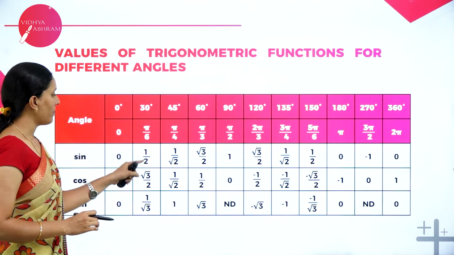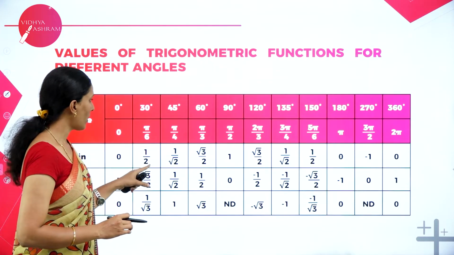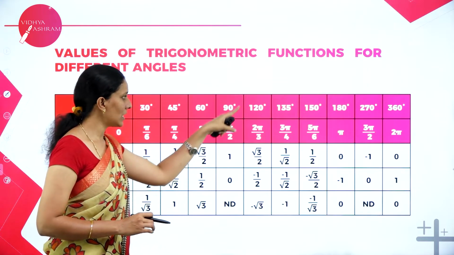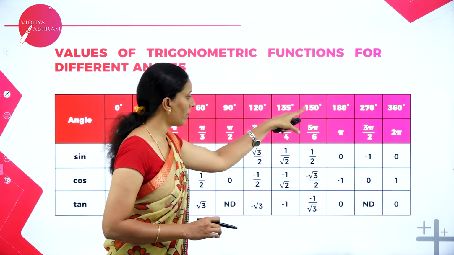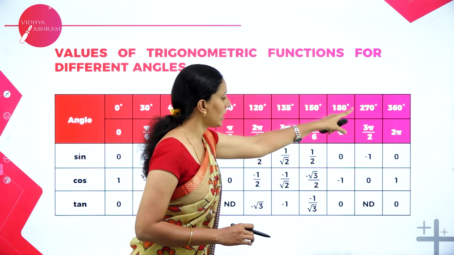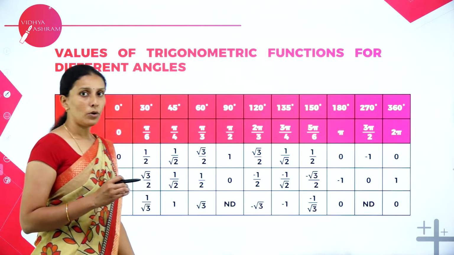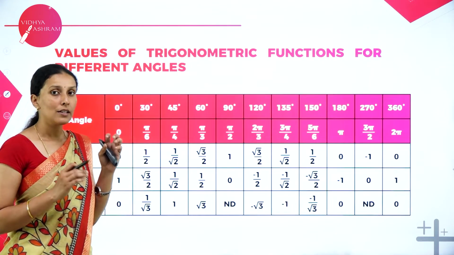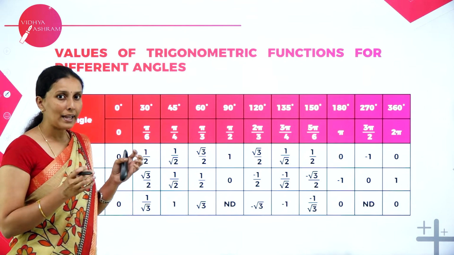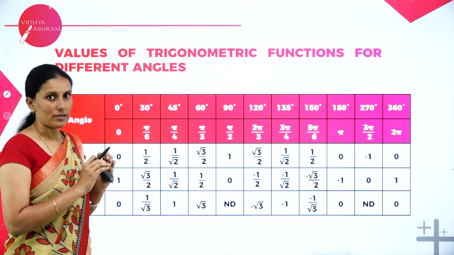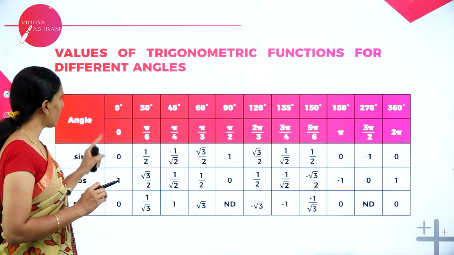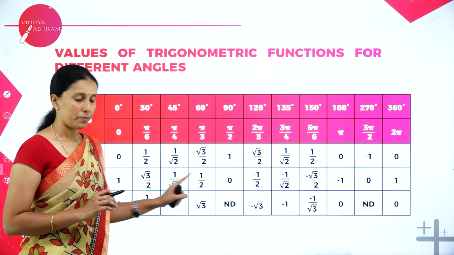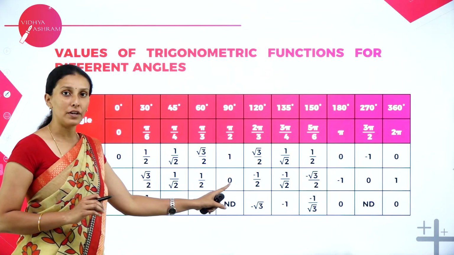So sin pi by 6, 30 degree, is 1 by 2, then sin 45 degree, sin 60, sin 90, sin 120, sin 135, sin 150, sin 180, sin 270. You can also see we have negative signs for a few angles because of the angle lying in those quadrants. From 0 to 90 degree, all values are positive because cos is positive in the first quadrant.